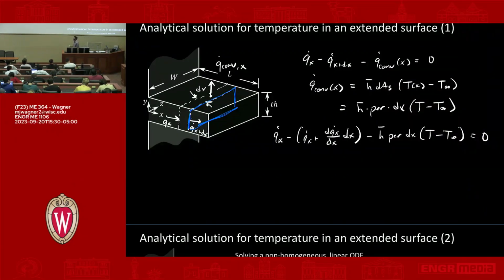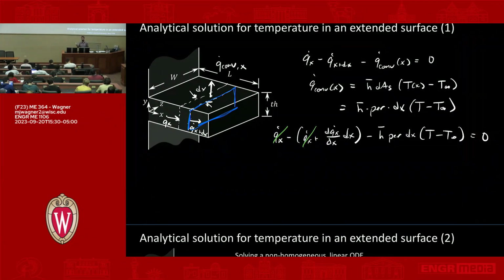So that's just enforcing the energy balance on the control volume. And then let's cancel some stuff out. So q dot x goes away, minus, plus minus there. And then everything that's left has this dq dot x multiplied by dx. h bar perimeter is multiplied by dx, so dx can cancel out as well.